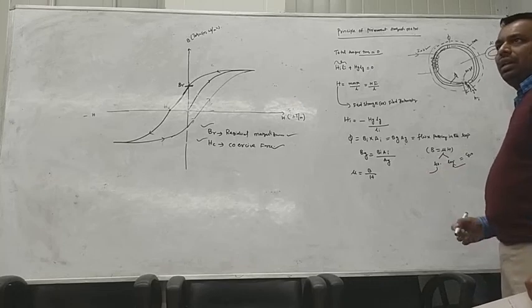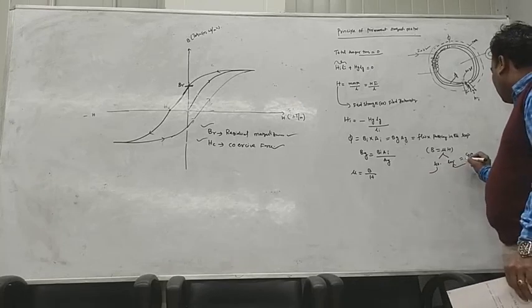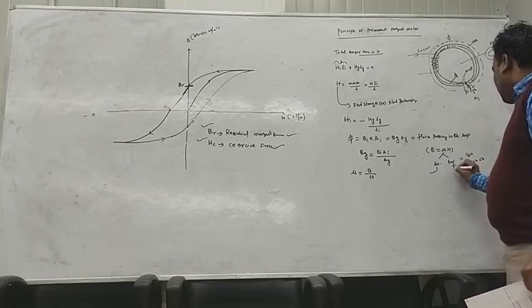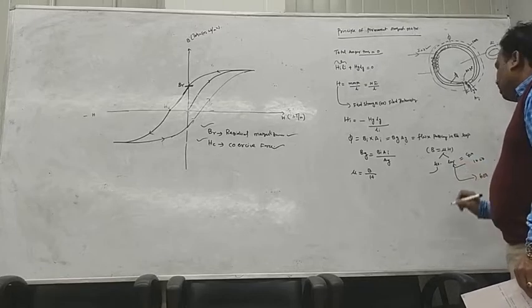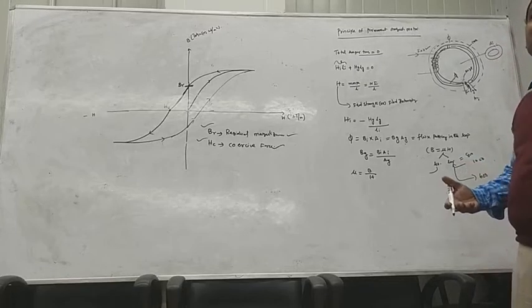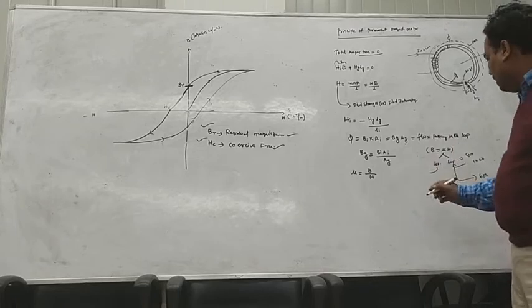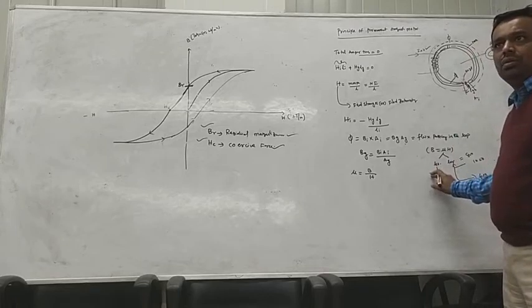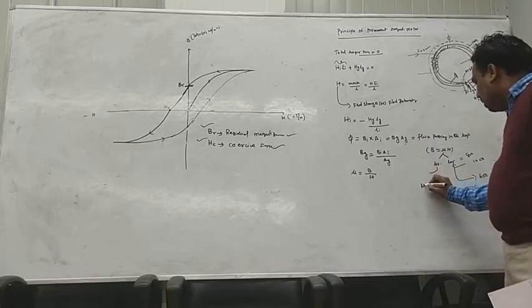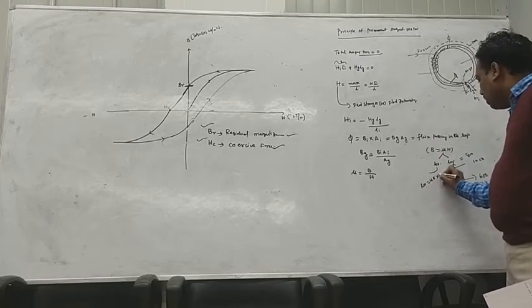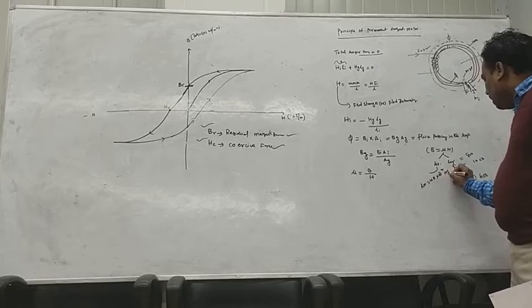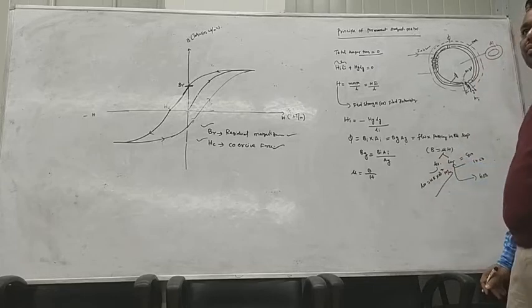If it is cast steel, mu r is 1000. If it is an iron material, mu r is 600. For different types of materials, the relative permeability will change. And the absolute permeability at free space, mu naught, is equal to 4 pi into 10 to the power of minus 7 Henry per meter. This is a constant value.